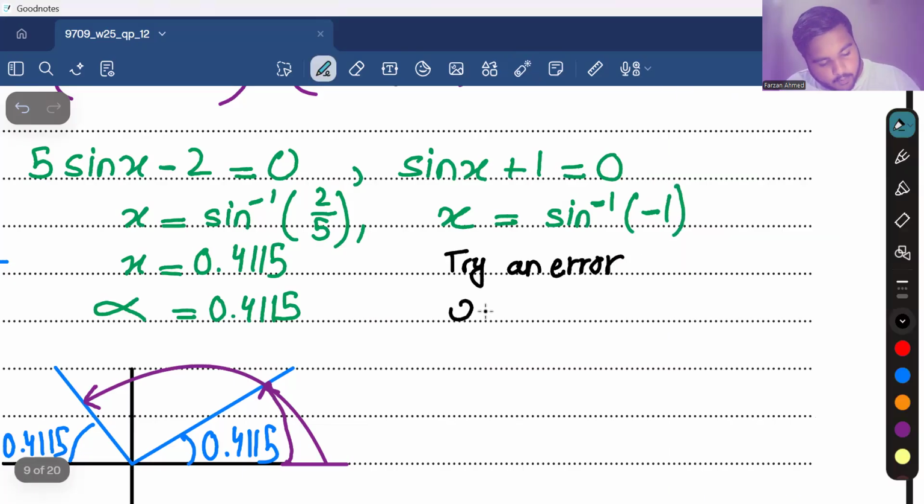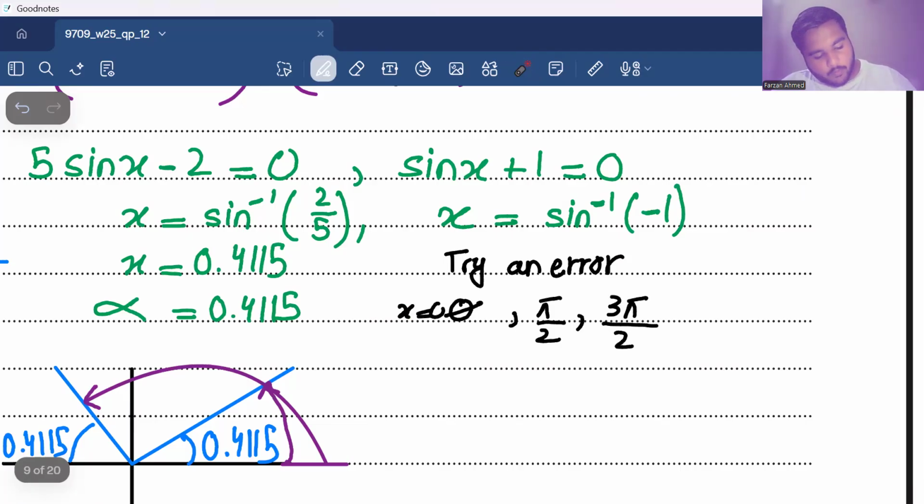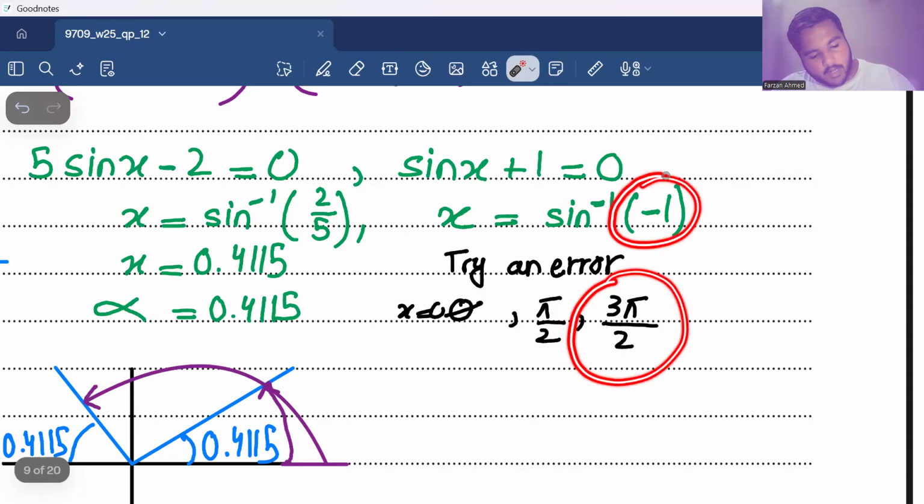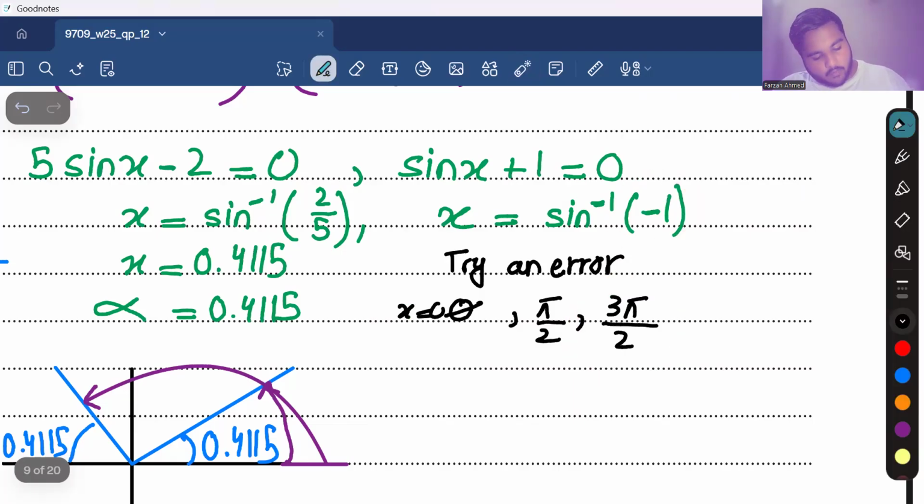So 0 has been done. x is equal to 3 pi upon 2. So from here we got the x values.